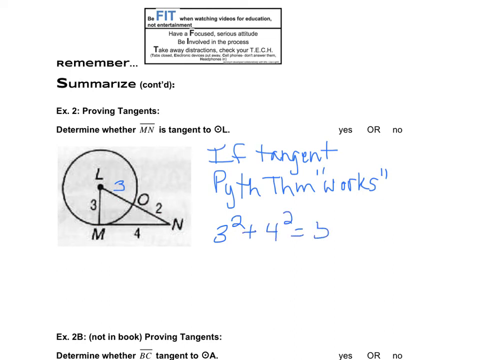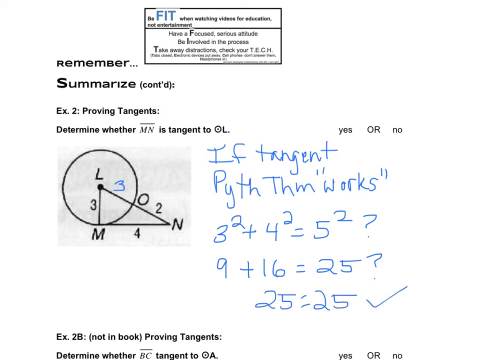We're just going to verify it, and I do need you to show me this in your work, even if it is based off of a 3, 4, 5 triple, which you should know in your sleep by this point. I do need you to show me these quick steps. It won't take long. The question is, was that a triple that worked out? And the answer is yes, 25 does equal 25. So just show me those steps and then we can make a quick answer of absolutely these are tangent.